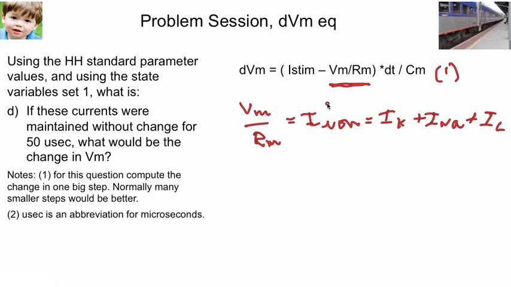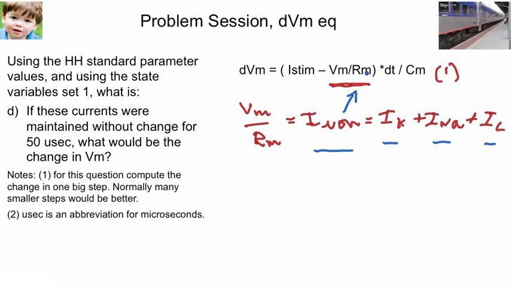We have just finished computing Ik, Ina, and Il, at least individually. So we have values from the earlier parts for each of these, and we can find the sum. So now we will have I ion, and we can use it in place of Vm over Rm and proceed with our computation.